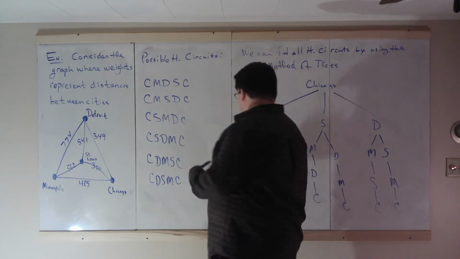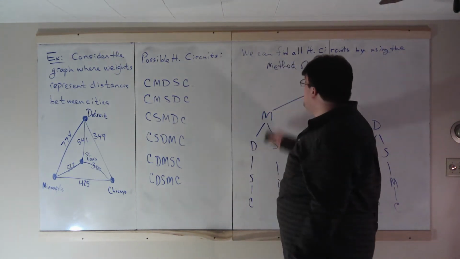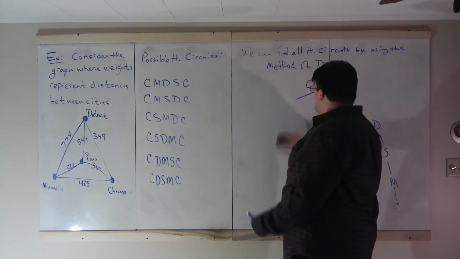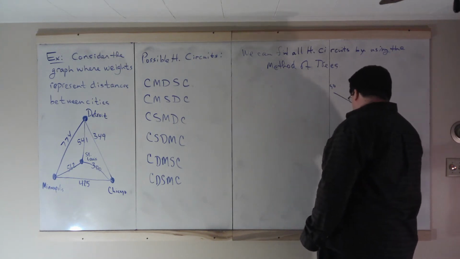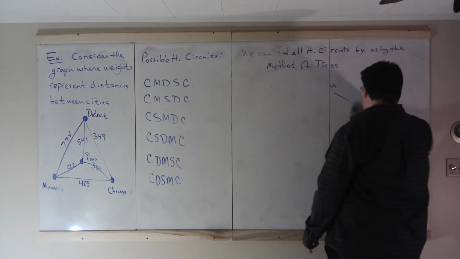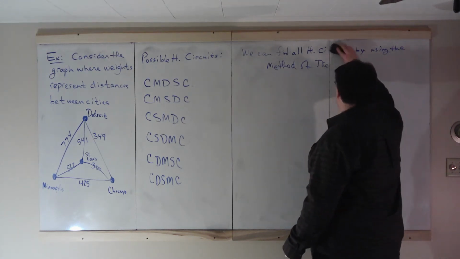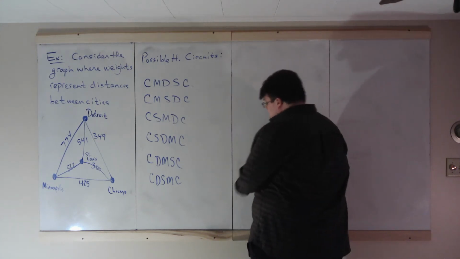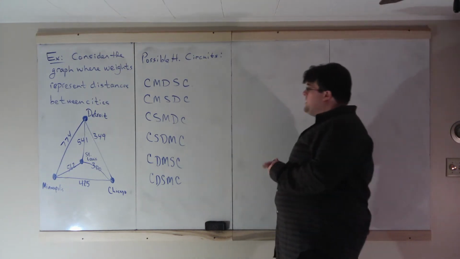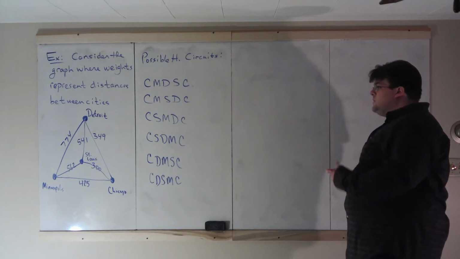So we used this tree to find a list of all possible Hamiltonian circuits, all possible orders we could visit all these cities, starting and ending in Chicago. Now it looks like there are 6 we need to consider, but are there actually 6 we need to consider?